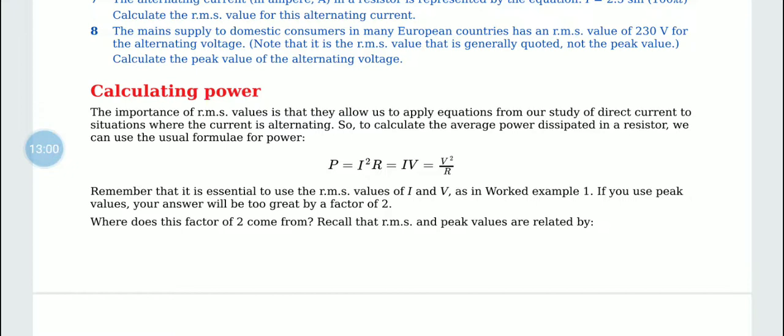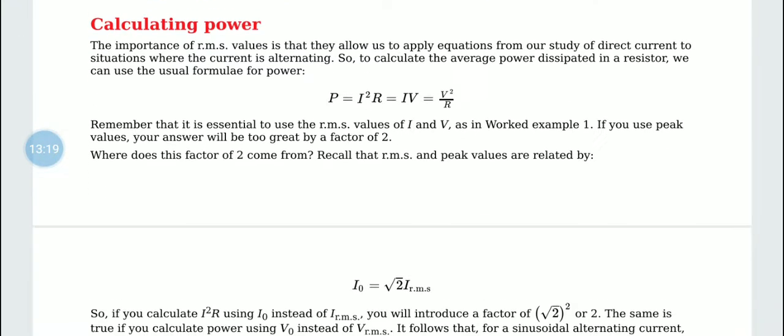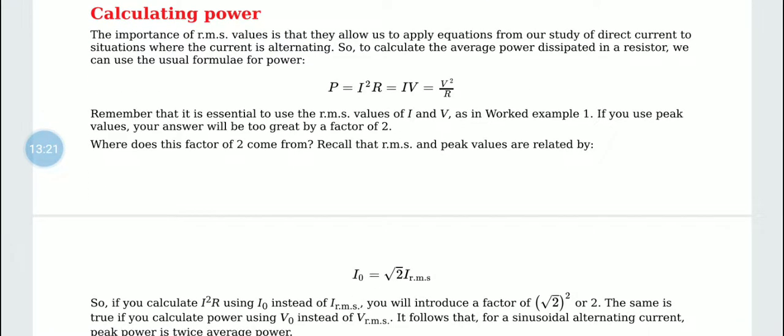But if we use the peak values instead of RMS values, the answer is going to be a factor of 2 off. That 70% relationship is not what we take here, because we are going to take the square of that.